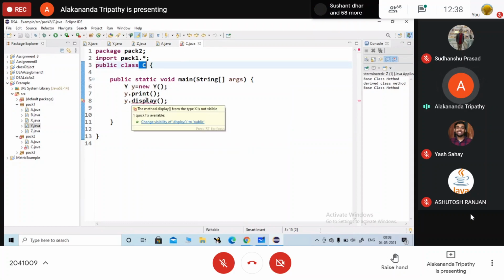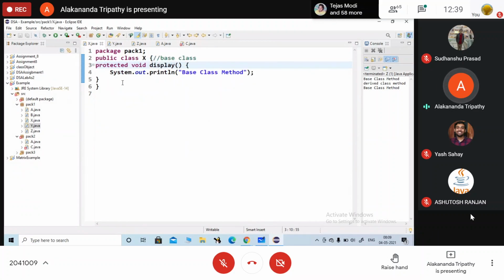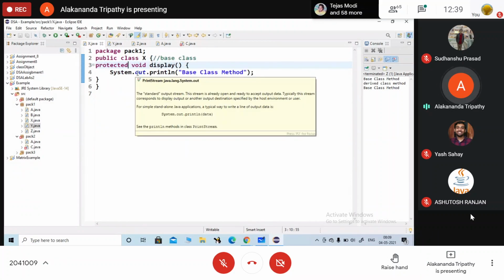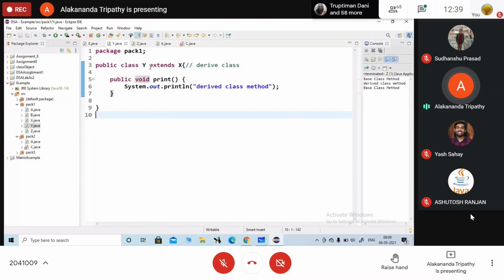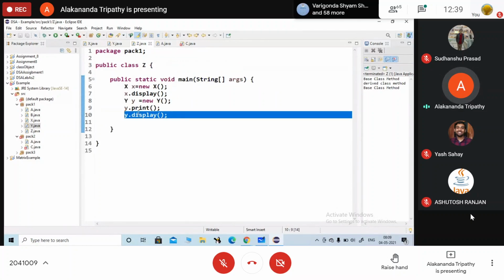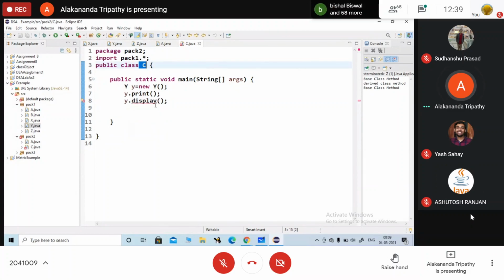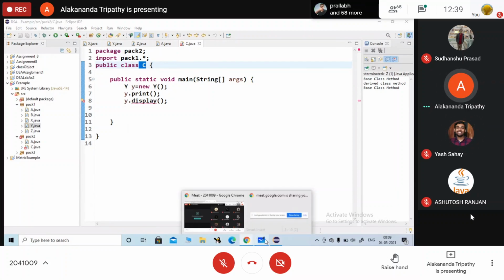But here what came? Error. If it is protected, what happens? If it is in the same class, or in the same package, you can access it. But in another package, it will not be accessible.